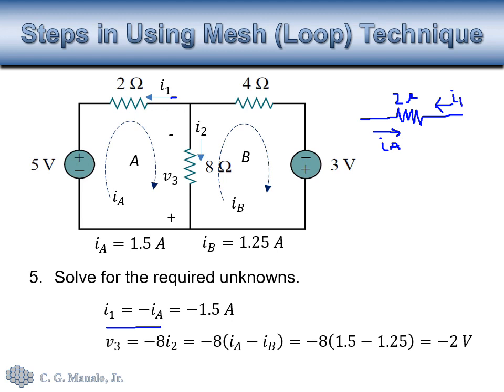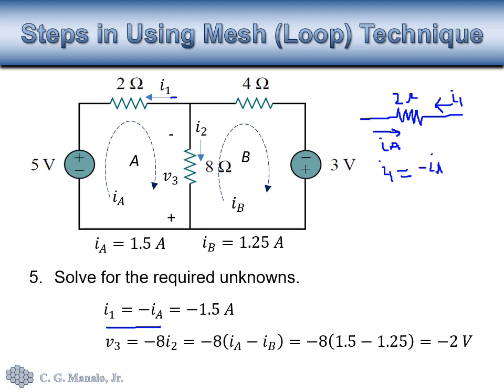Now since I sub A is flowing in the opposite direction to I sub 1, that would only mean that I sub 1 must be equal to the negative of I sub A.